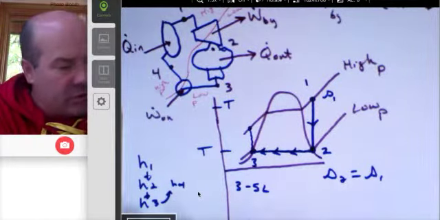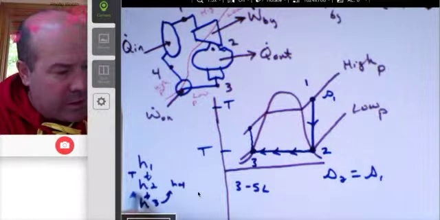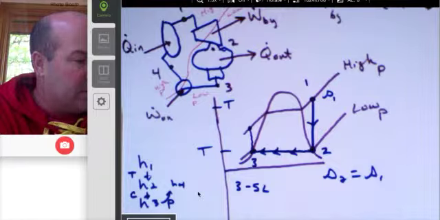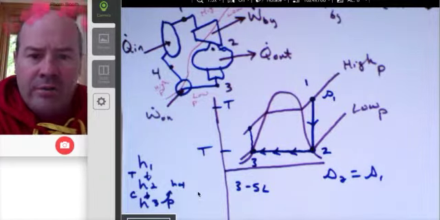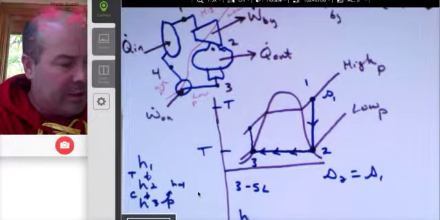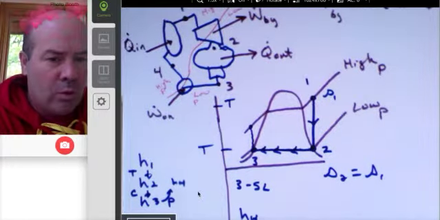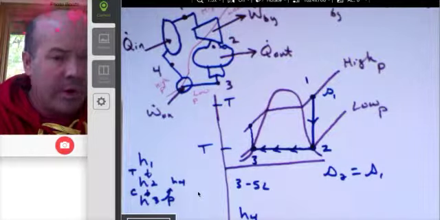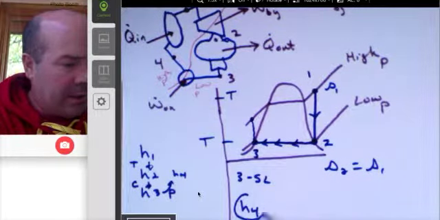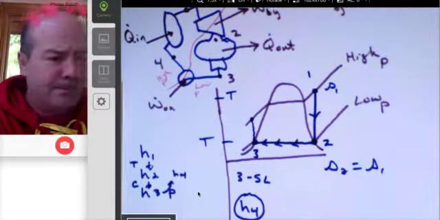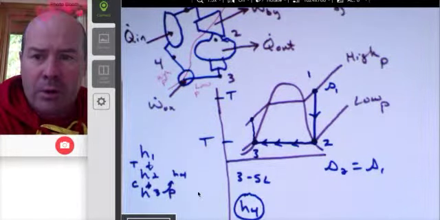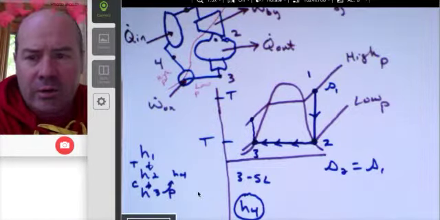And so this is the turbine, this is the condenser, this is the pump. There's a special way to find H4. I will complete this video and then do a quick video on how to find H4. And that's what the pump does. Its primary goal, increase the pressure.